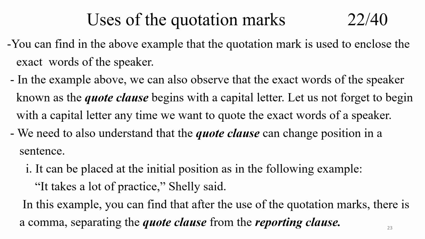We call them the reporting clause because that one is helping you to report what somebody has said. And what follows, the exact words of the speaker that you use, is called the quote clause. Quote, you are quoting. So that one is termed the quote clause.